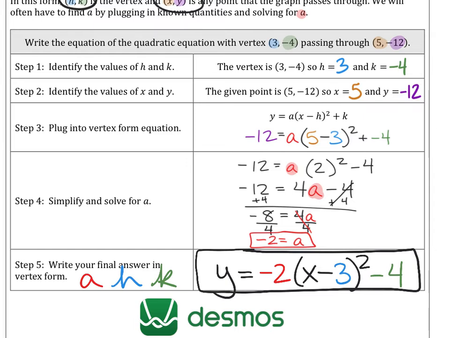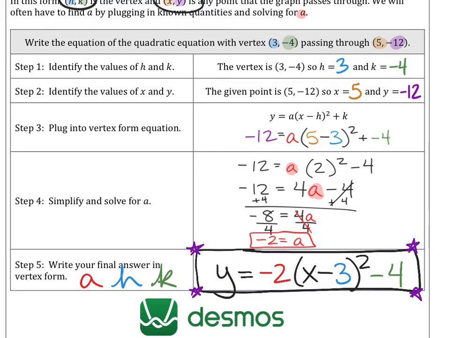Before you flip this over, though, we need to check our work. We need to make sure that this is right because there's no reason why I can't check this. So how you check this problem, absolutely Desmos. What do you think we're going to plug into Desmos to check? Do we have a table? We could do a table, but it's easier a different way. We're going to take this equation and type it in.